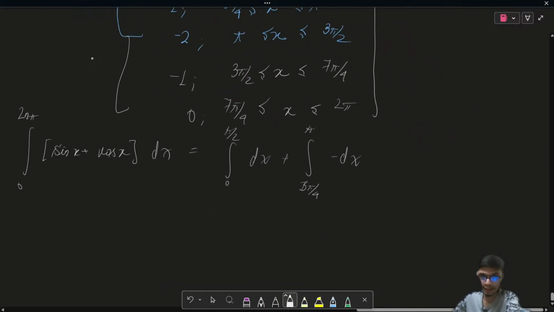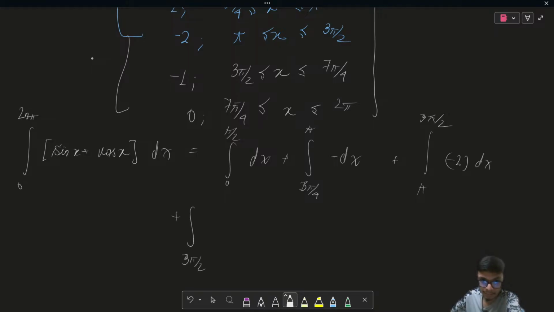And then plus, from pi to 3 pi by 2 we will have minus 2 dx, plus the integration from 3 pi by 2 to 7 pi by 4, we have again minus 1 dx, and then 0, right? So if you just evaluate this, the result we are going to get is minus pi.